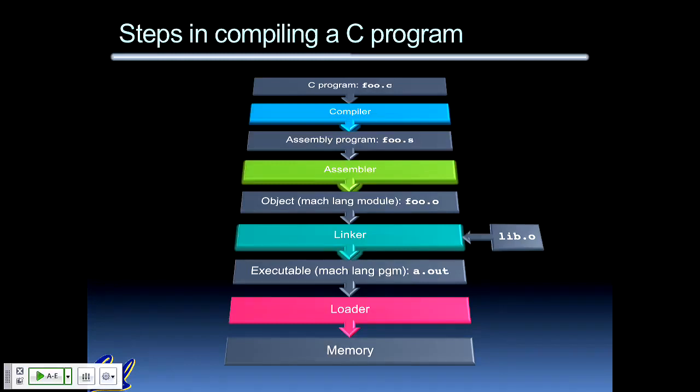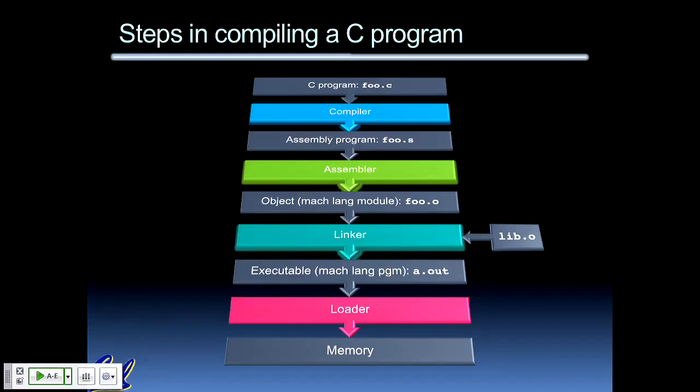Then we go through a linker, which takes all these different object files and combines them to give you a single big program, an executable. And then this executable is loaded into memory and you start running it. So those are all the steps you have to do when you compile a program.